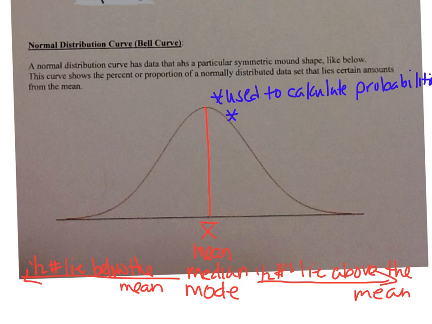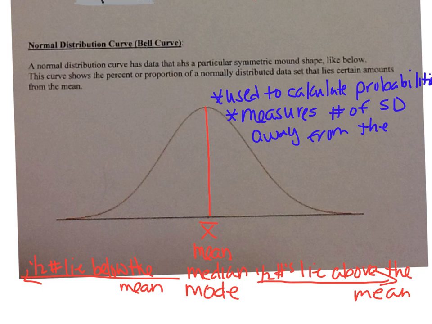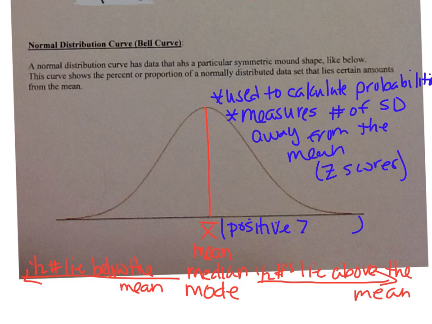And it measures the number of standard deviations away from the mean. And that's also called z-scores. So on the right side, this side, those are positive z-scores. And on this side are negative z-scores.